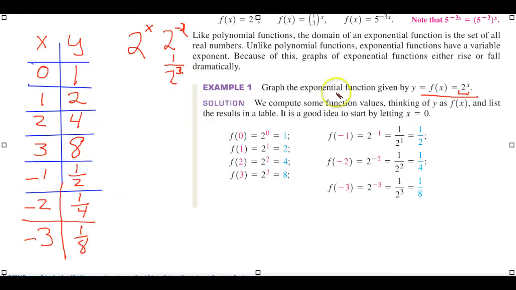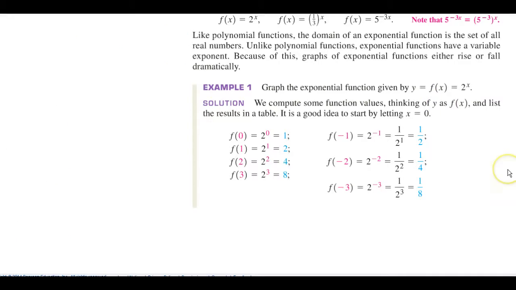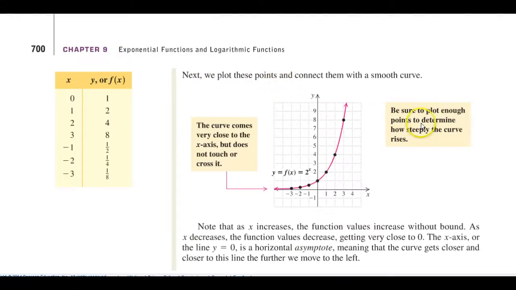Now, if we go to graph this, fortunately, they have it all worked out for us here, so we don't have to do it. There's our little t-chart. And as we plot the points in, this gives us our basic shape of our curve.